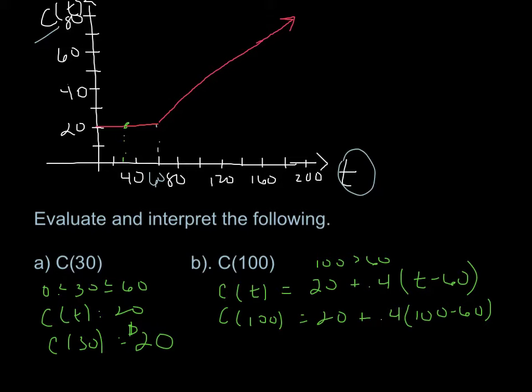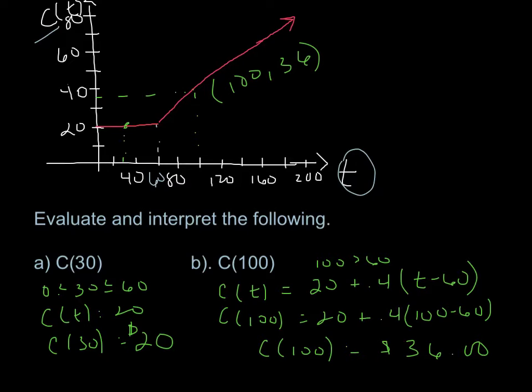So we end up with, that'd be 40 times 0.4, so that'd be 16. So we're looking at 36. Remember, 100 would be out here, we'd be coming up, we'd be hitting the graph up in this general area somewhere. So here we'd have 100 minutes going to cost us $36. It's over that 60 minutes at the flat rate of 20.